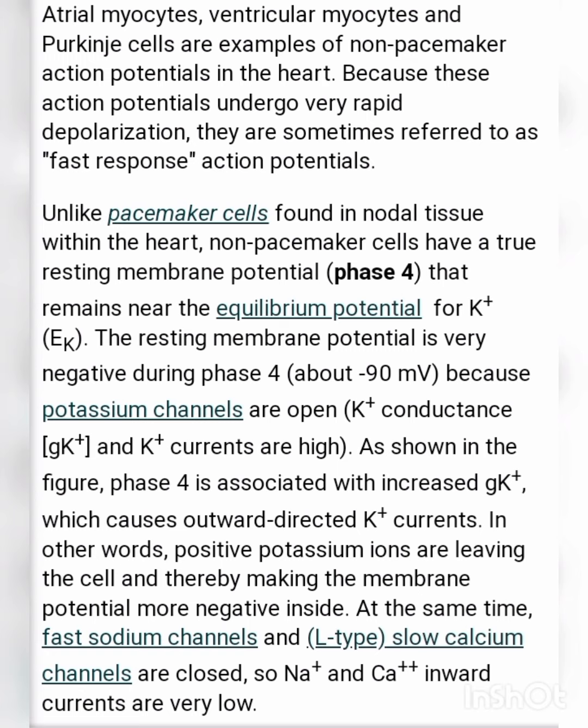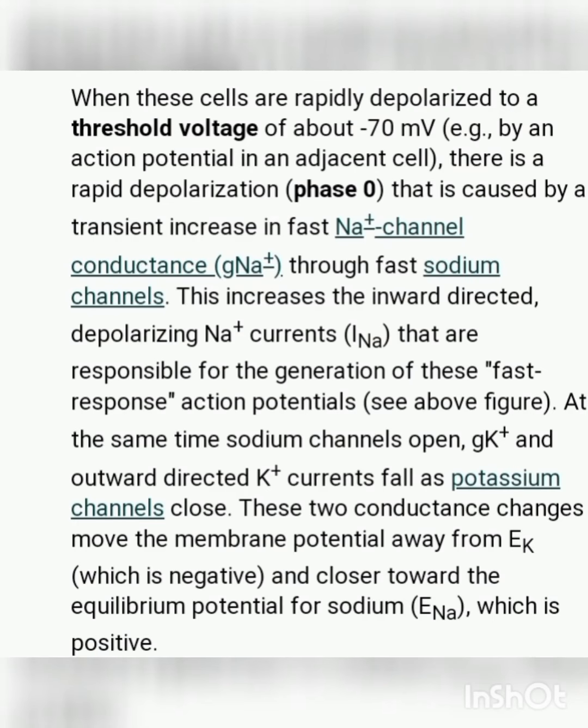In other words, positive potassium ions are leaving the cell, thereby making the membrane potential more negative inside. At the same time, fast sodium channels and L-type slow calcium channels are closed, so sodium and calcium inward currents are very low.